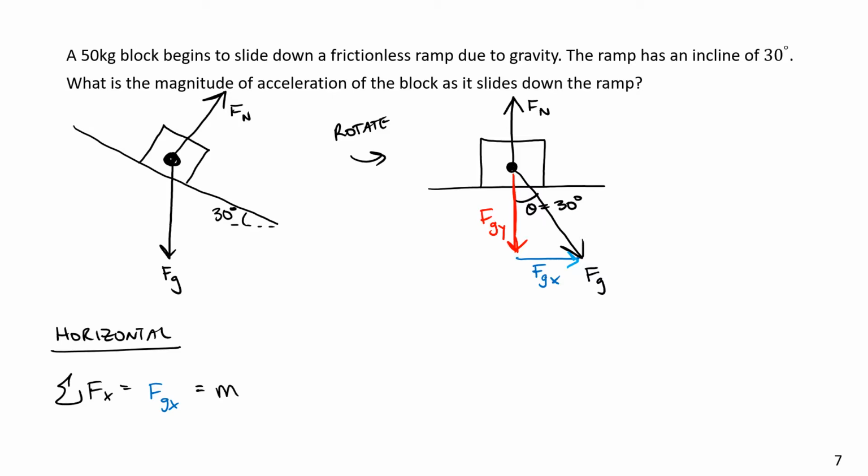Equals the mass of the block times how it's accelerating. That's ultimately the thing we're solving for, that a sub x. Also, maybe you could see another tricky thing that's happening. Look at where the angle is. There, up there. So what kind of trig function is this horizontal component going to turn into?